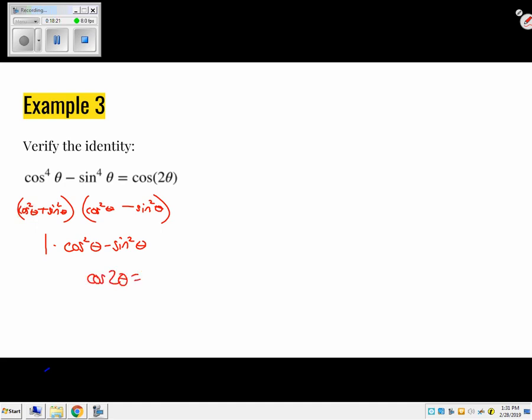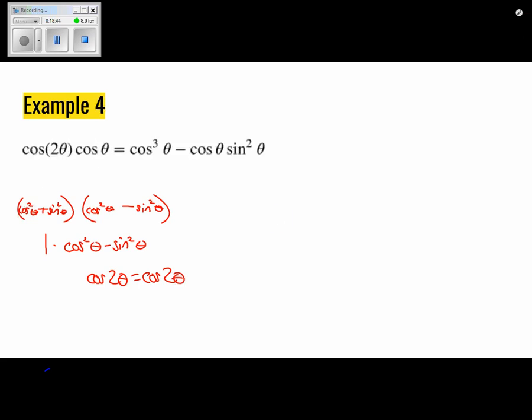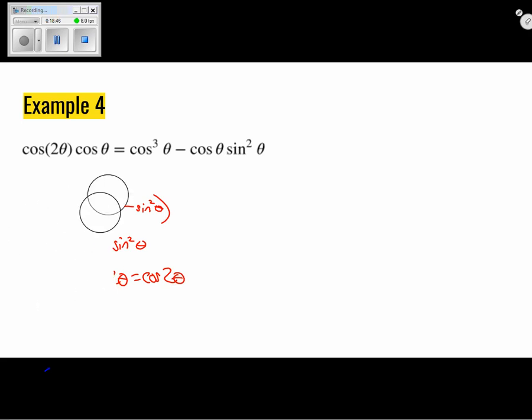Did you not write them down? Cosine squared theta minus sine squared theta equals cosine 2 theta. So again, you and your pod buddies try this one.